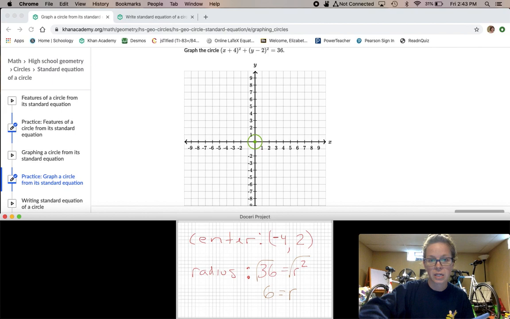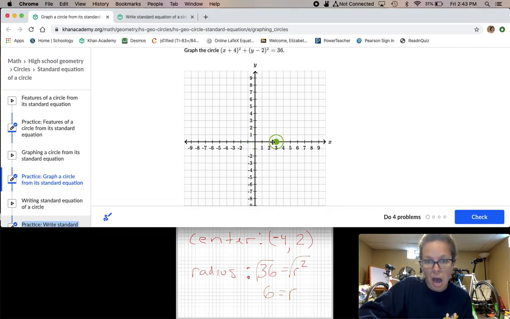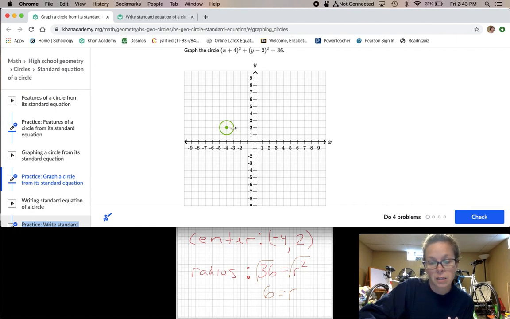So now to graph this, what we want to do is grab this dot and drag it to x is -4 and y is +2. And then you can see as I move my mouse around the edge, it gives me a sideways arrow, diagonal arrow, up, down arrow. It doesn't matter where I grab that, and I want to drag it until I'm 6 boxes away from the center.